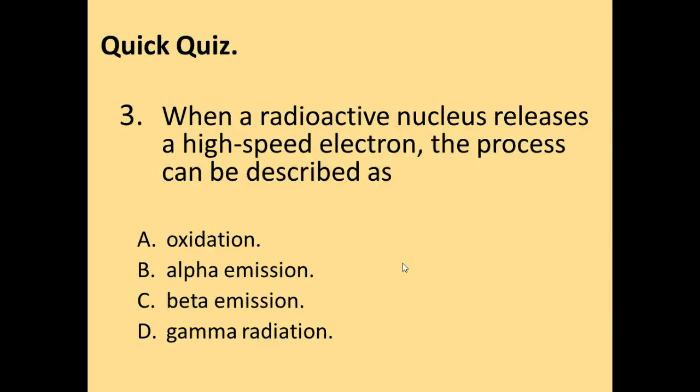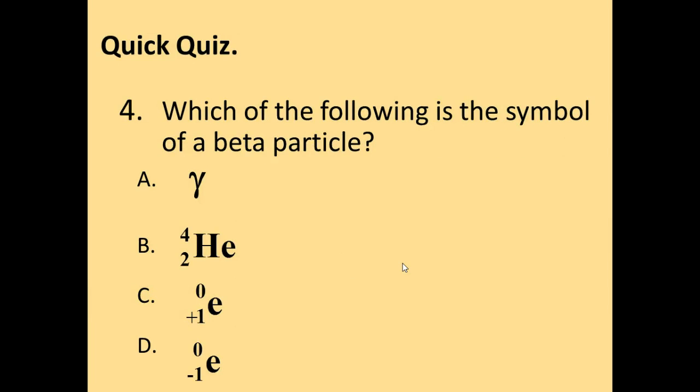So which is a symbol of a beta particle? Once you see this one, you know that's the answer. And just to clear the confusion, C would be incorrect because there's a plus sign, and the negative sign is the correct charge of an electron.